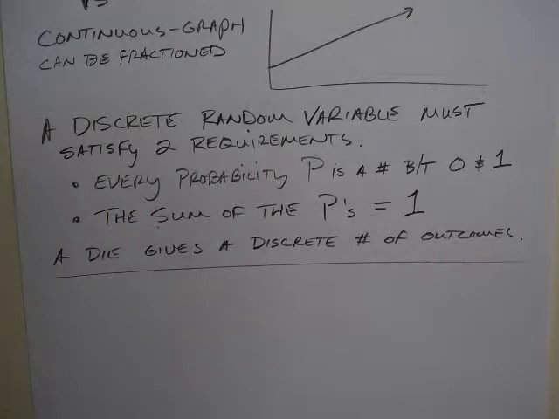You can't roll 1.5 on a die. It just doesn't exist. It won't stop at 1.5. There's no 1.5 on it.